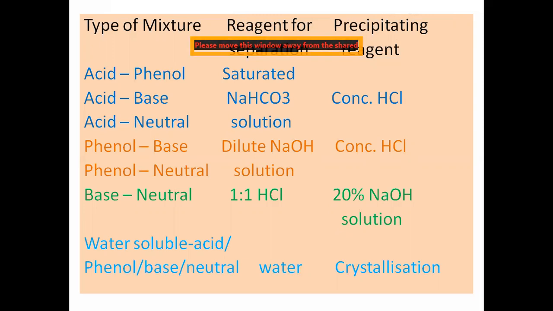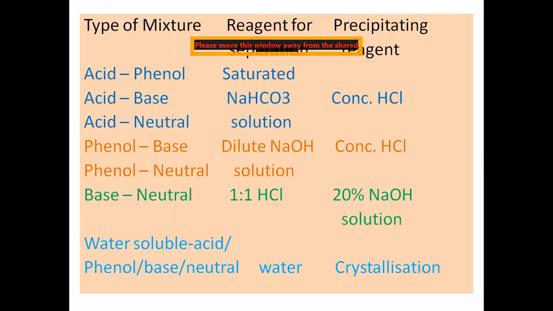While doing the acid base phenol test, you will take a small amount of mixture and do the test in test tubes. Once you know the chemical type of the mixture, if acid phenol or acid base is present, then you will take the whole mixture in a beaker, add the separating reagent, then filter it.